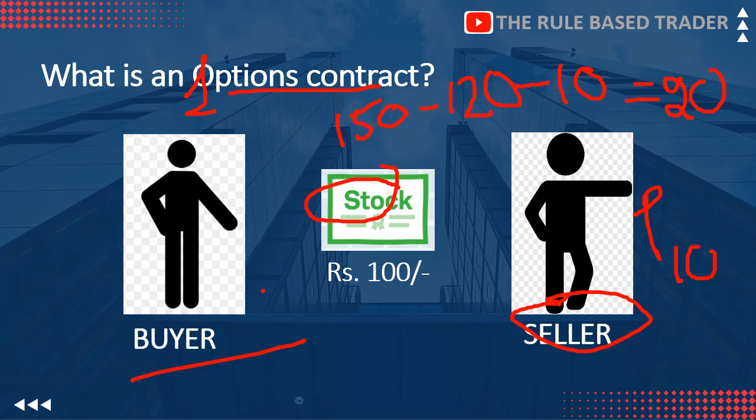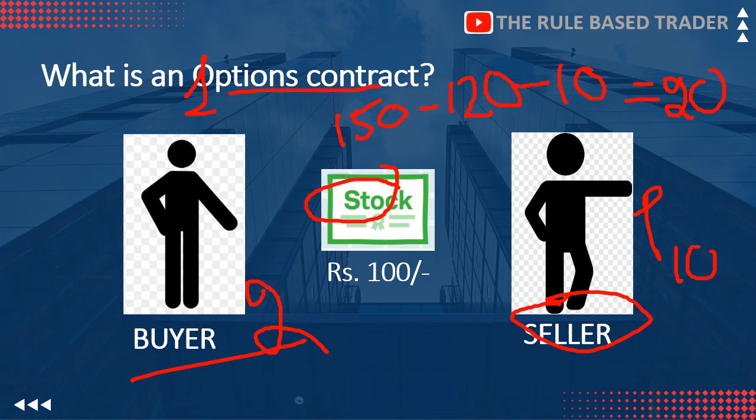Let's talk about scenario number 2. Suppose the stock price is just at 115 rupees and has not crossed 120 rupees at the end of the time period as per the options contract. As the buyer has the right but not the obligation to execute the contract, the buyer will simply not execute the contract to buy at 120 rupees, as the stock is now available at 115 rupees itself.